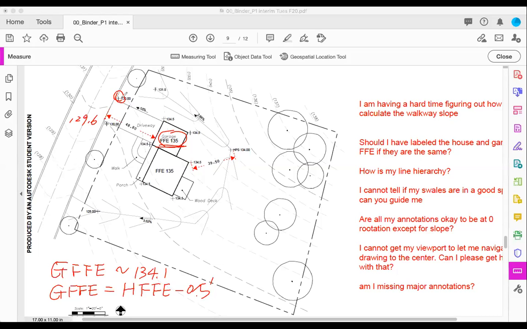I measured this just to comment that your HPS is not low enough based on your corner elevation, because if it's 40 feet at 2%, you actually go down 0.8. So now the difference between this one and that one is only 0.5. That means this area is a little too flat. It's flatter than 2%.